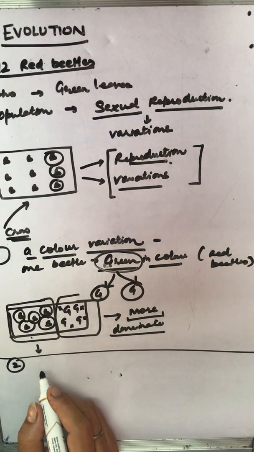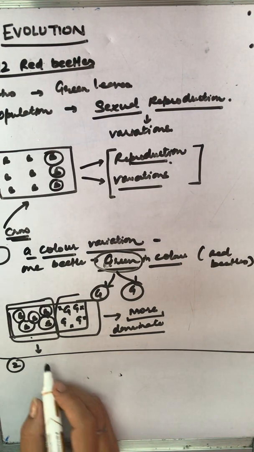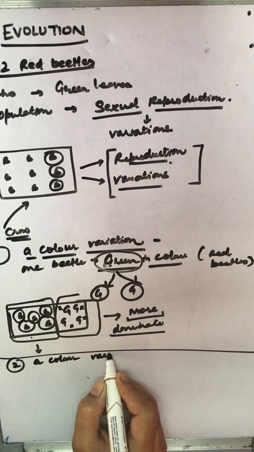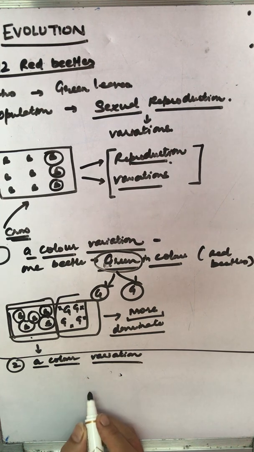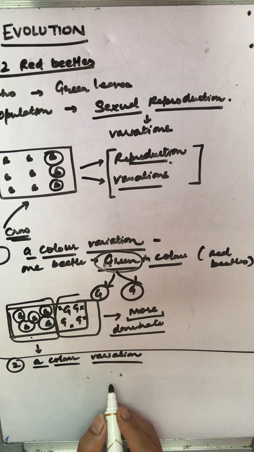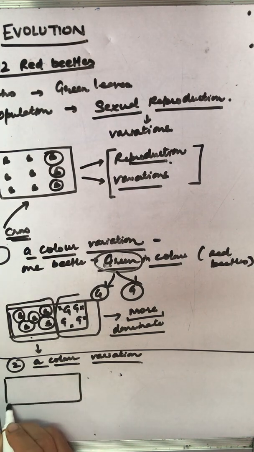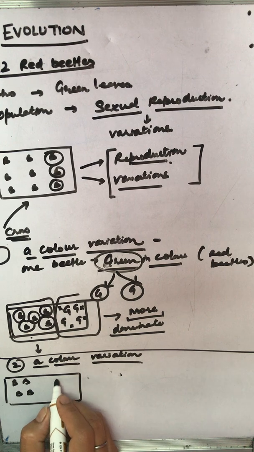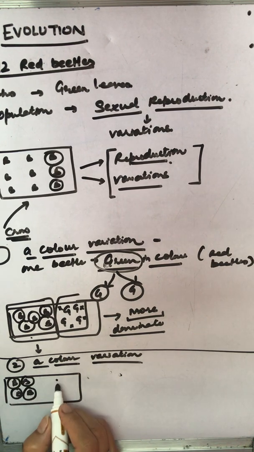In the second situation, again, a color variation arises due to reproduction. But this time this color variation is blue instead of red. Now the original beetles, along with a blue one. I have already written it as B1. These were red in color.